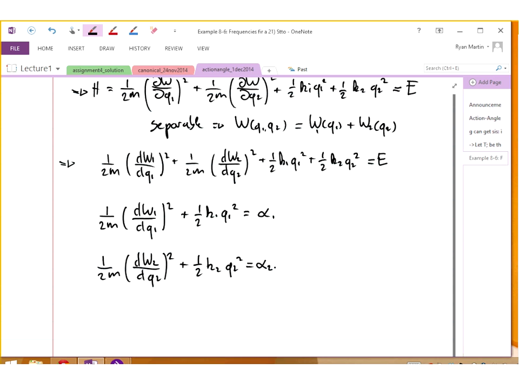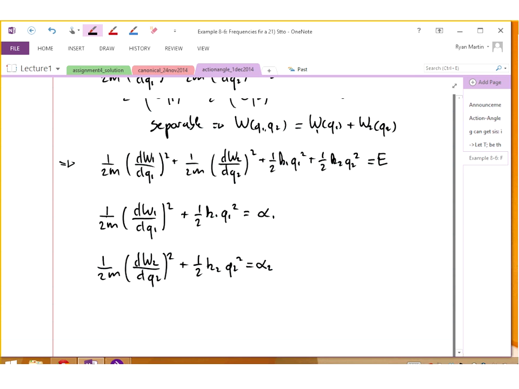So the problem could be solved, and I can get the equations of motion by finding what the functions W1 and W2 are. But the point of the action angle variables is that we don't need to actually solve these equations to figure out some stuff about the system, and in this case, the frequencies of the system. I'm not going to solve these differential equations.